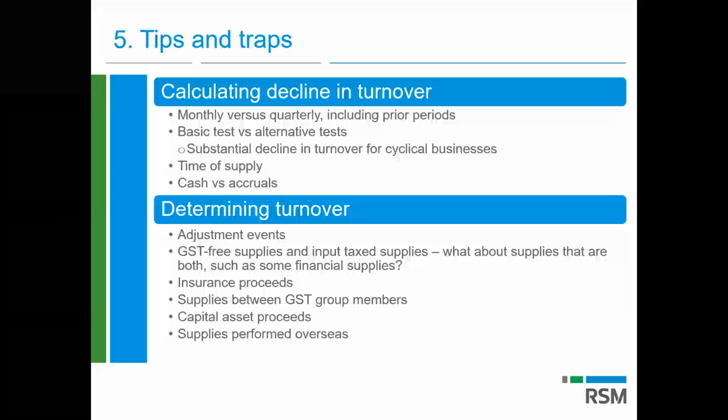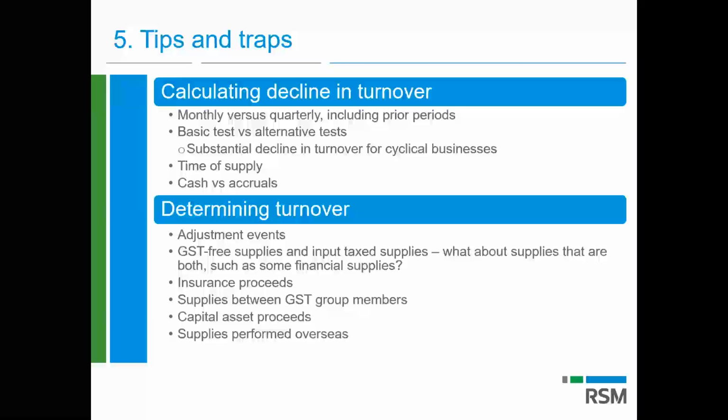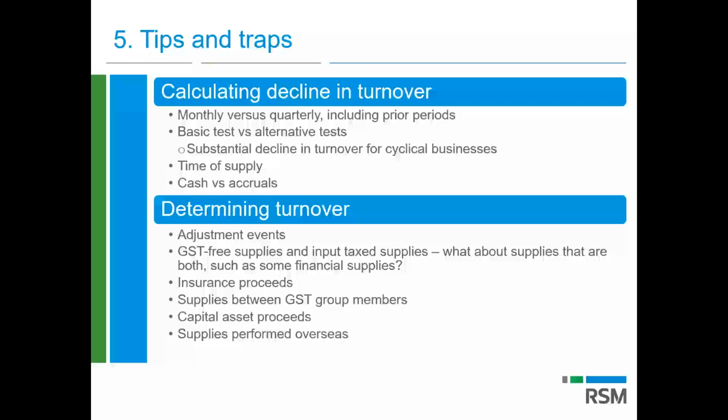Now, all of that being said, there still is a little bit of flexibility within the alternative test that Belinda went through in quite a lot of detail, particularly the substantial growth test that Belinda spent a bit of time on. And maybe to help bring that to life, effectively, if you're a business today that is looking to use the substantial growth test, you effectively have 6 ways of meeting the precondition.